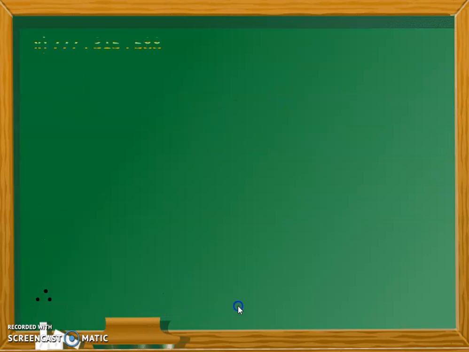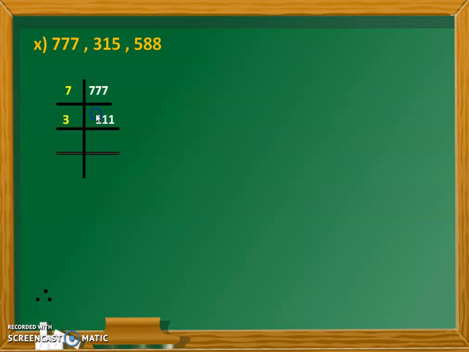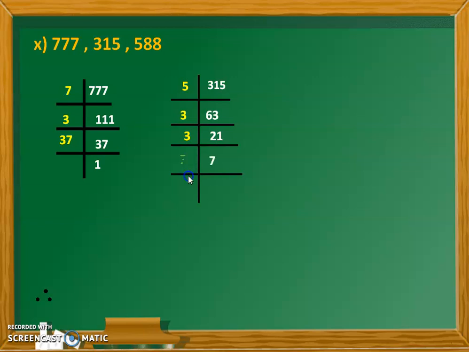Let's take the last example. Again, we have 3 numbers, and the same way we are going to find the factors using the divisibility rule. As we have 3 numbers, we are going to find the factors of these 3 numbers separately. So this is how we can find the factors of different numbers.